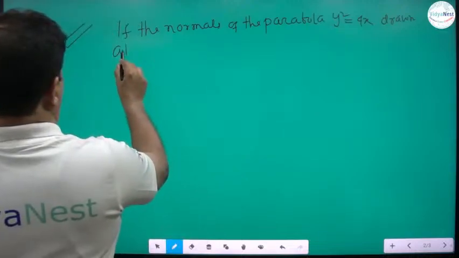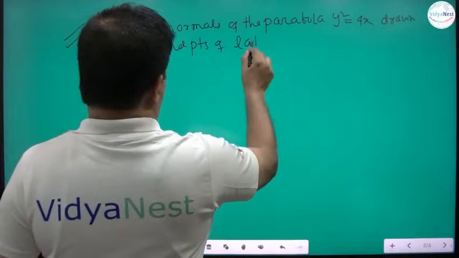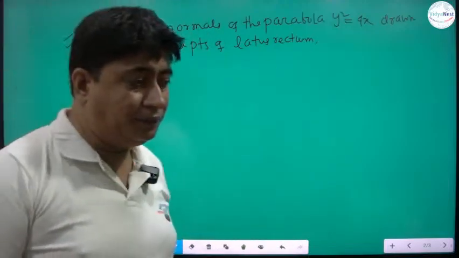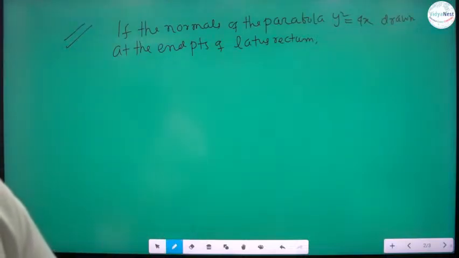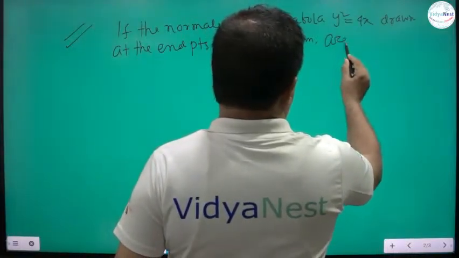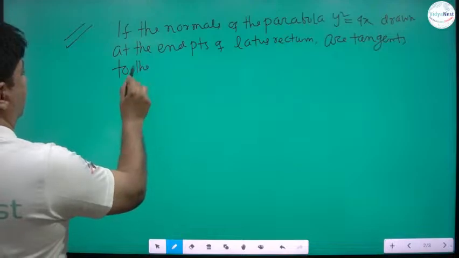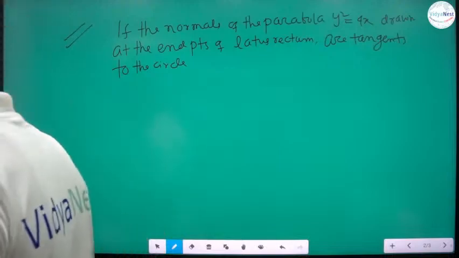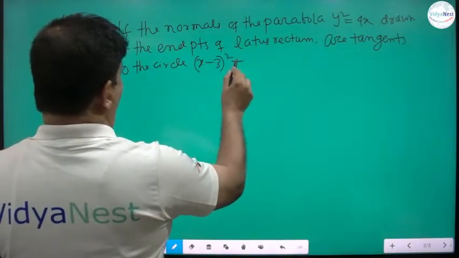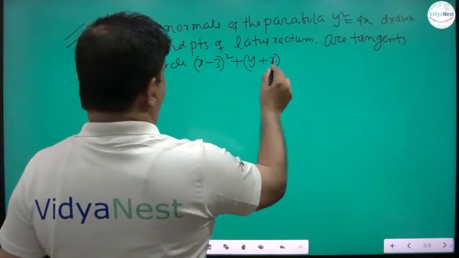Normals drawn at the end points of the latus rectum of the parabola y square equals 4x are tangents to the circle (x minus 3) whole square plus (y plus 2) whole square is equal to r square.